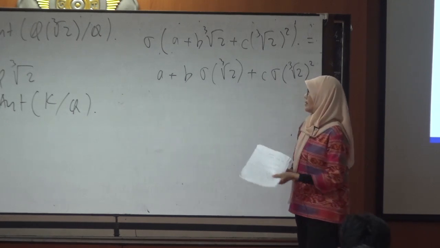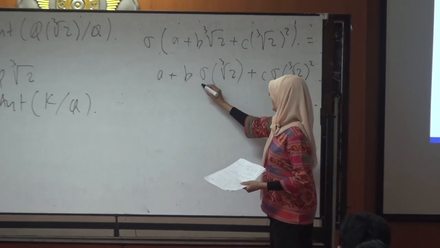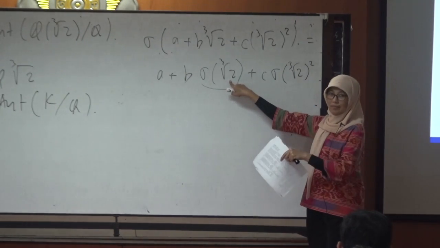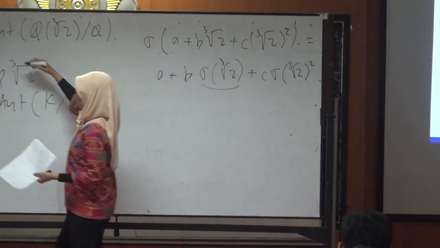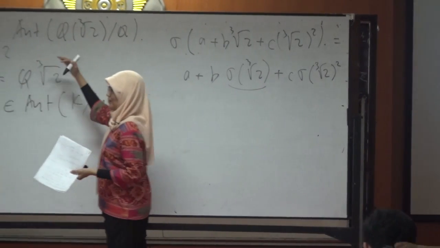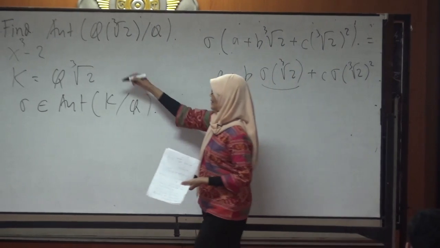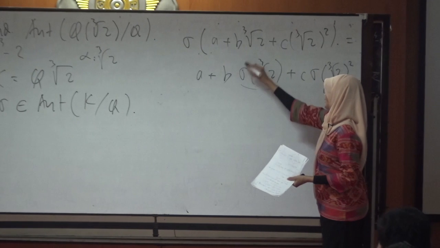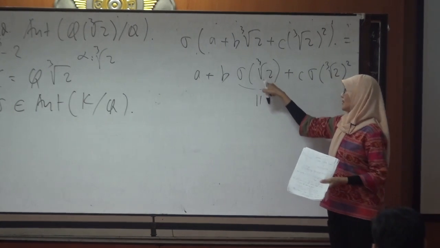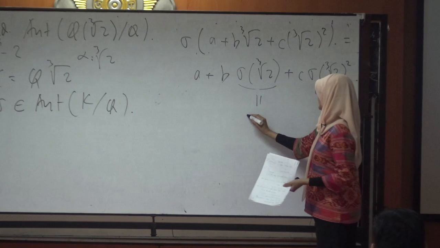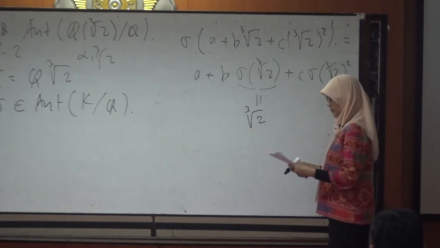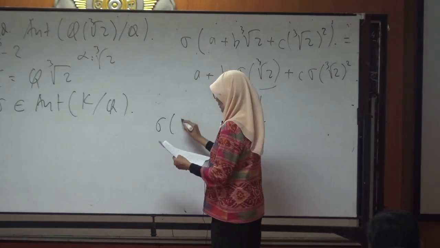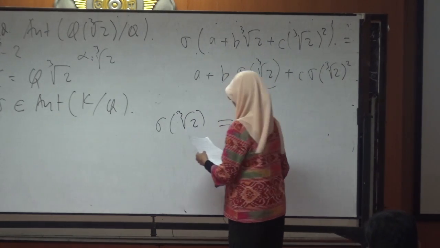So according to the proposition, the image of this root must be a root, but our real root here is only one, this. So it means the image of this one must be third root 2 itself. So sigma of this is equal to this one.